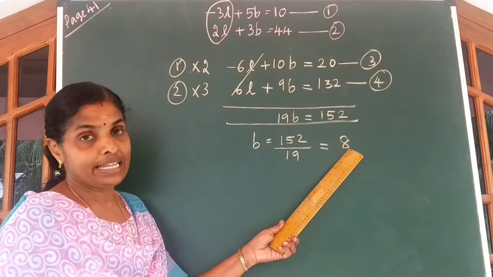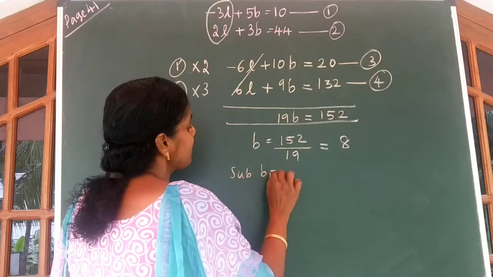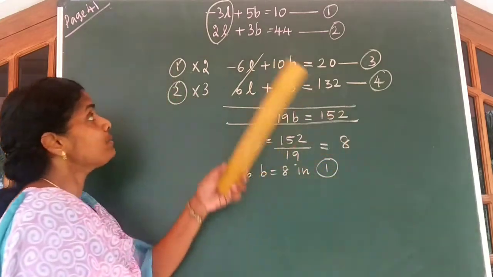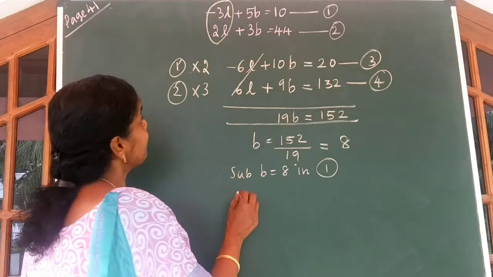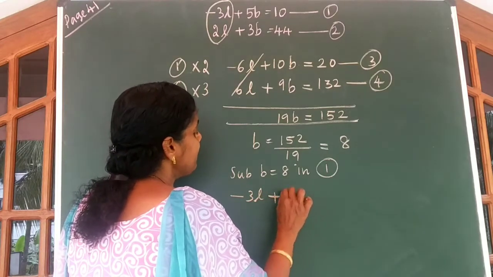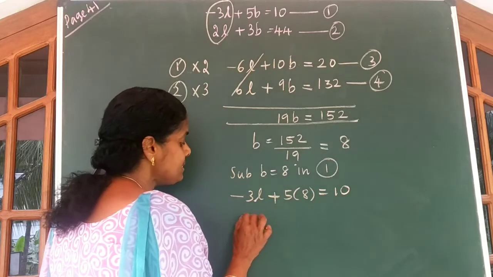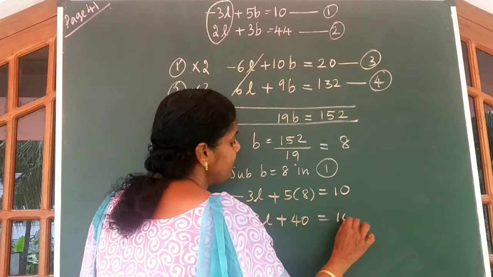Now to find the length, what do we have to do? Substitute B is equal to 8 in any one of the equations. I am substituting it in the first equation. So I will get minus 3L plus 5 into 8 is equal to 10. Or otherwise minus 3L plus 40 is equal to 10.